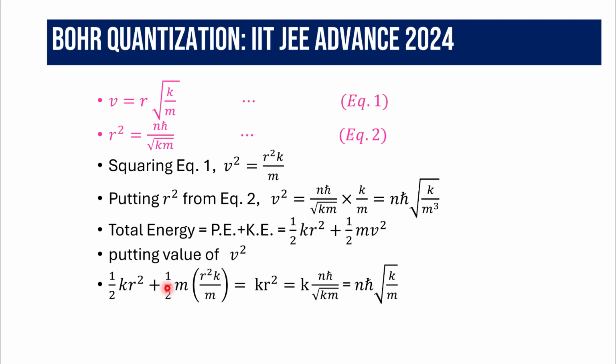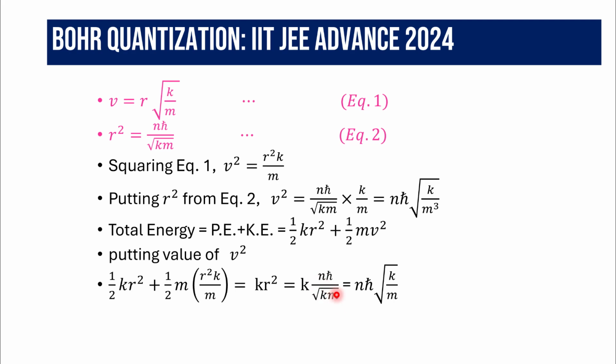So half k r square plus half k r square is simply k r square. So total energy is k r square, but r square is this term, nh bar by square root of k times m, and you can call it h bar, or sometimes I am pronouncing it as h in this problem. So this is k times nh by square root of km.